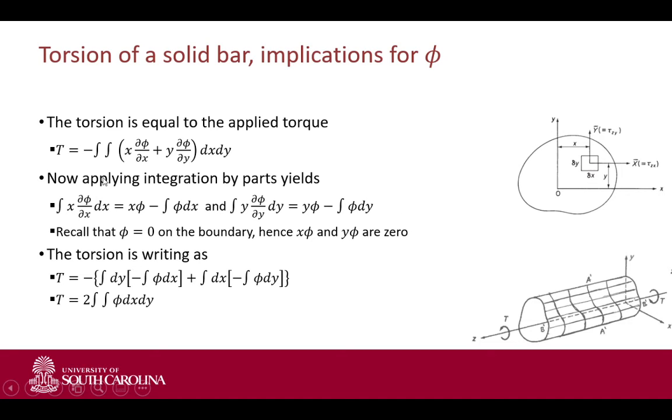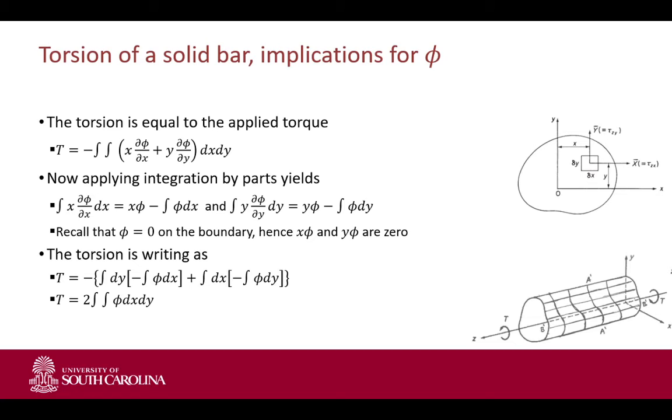What we can do is solve this integral by integration by parts. We can see that the integral of x d phi dx with respect to x is equal to x times phi minus the integral of phi with respect to x. Similarly, the integral of y multiplied by d phi dy with respect to y is equal to y phi minus the integral of phi dy.